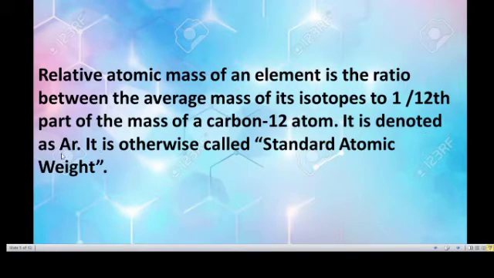It is denoted as Ar, capital A, small r. It is otherwise called standard atomic weight.